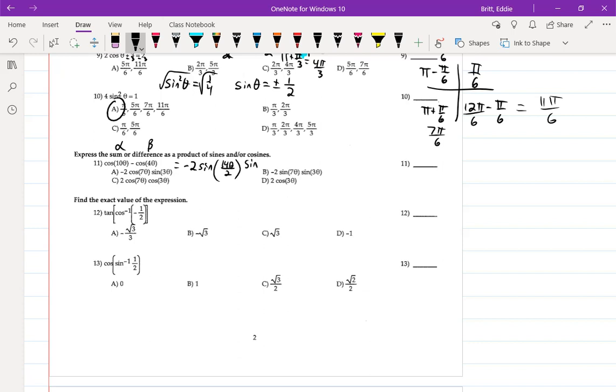So 10 theta minus 4 theta, that's going to be 6 theta divided by 2. All right, so that's going to be equal to negative 2 sine of 7 theta times the sine of 3 theta when you divide by 2. All right, and so you can see that that's got to be this answer right here, B.